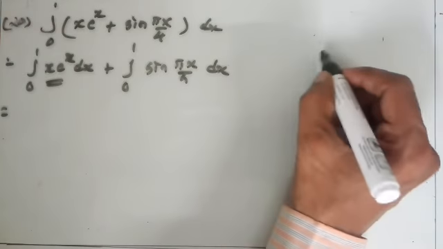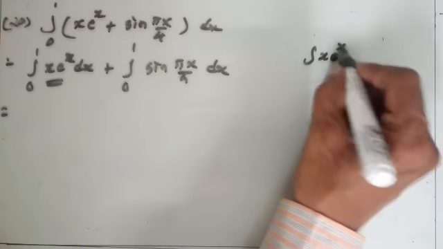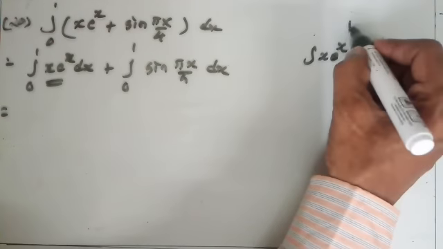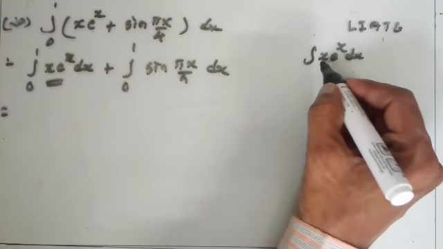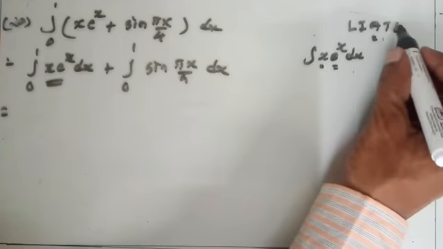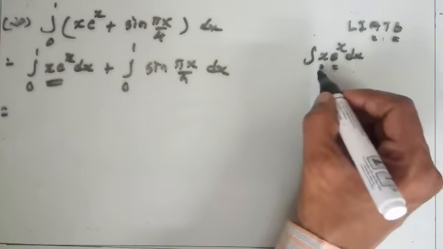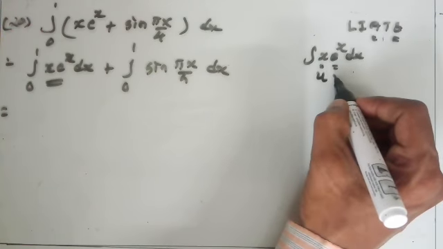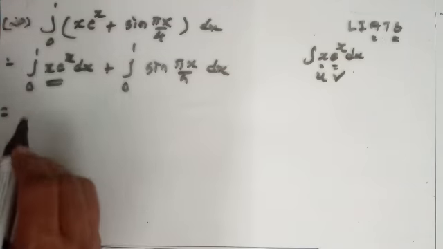We know that integration x e raised to x dx, in our law LIATE, here x is an algebraic function, e raised to x is an exponential function. Algebraic function comes first, so select it for u, and the second function select for v, and apply integration by parts.